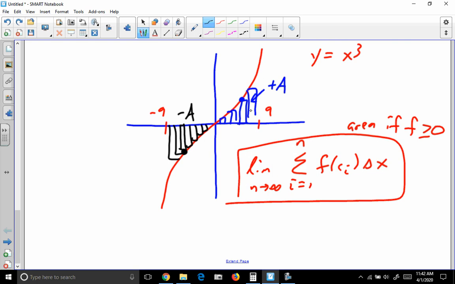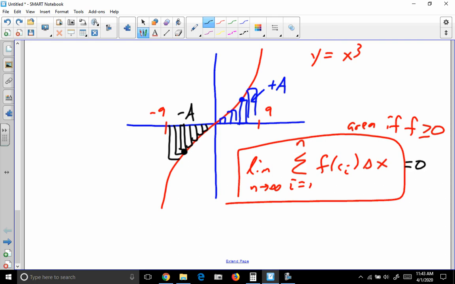Well, this is symmetric, so we have the same amount of positive area as we have negative area. So when we add those together, they cancel out, and they give us a sum of 0. That doesn't mean that the area between the curve and the x-axis is 0. That just means when we evaluate that Riemann sum, we get 0.